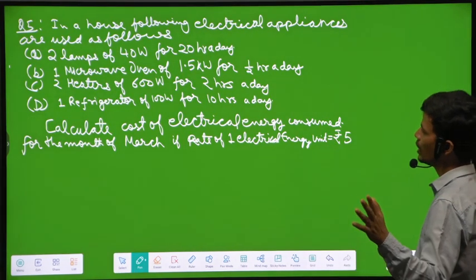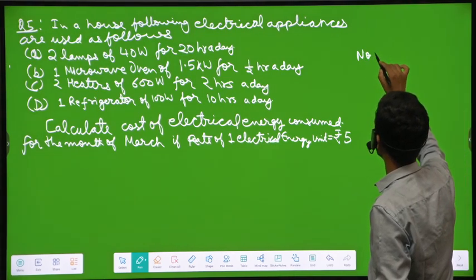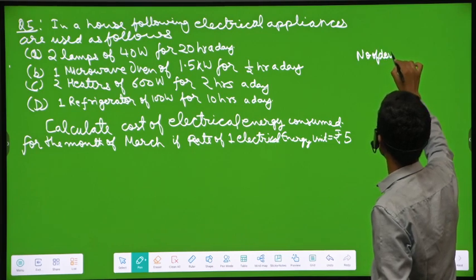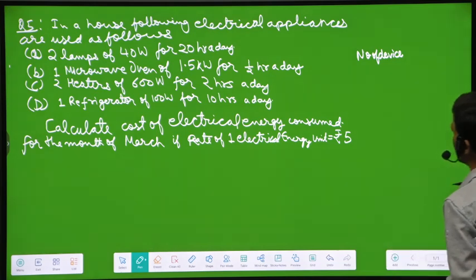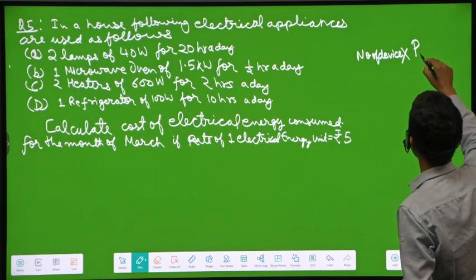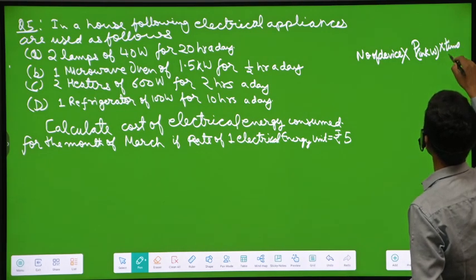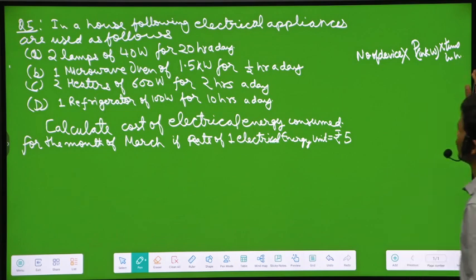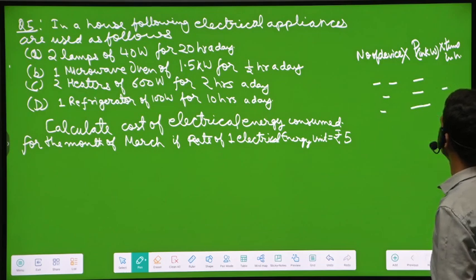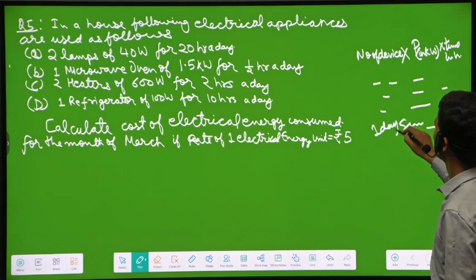Remember, if we want to calculate the bill, then remember this order: number of devices, then multiply power in kilowatt with time, and then take the sum, that will be for 1 day, then for the required days multiply it.